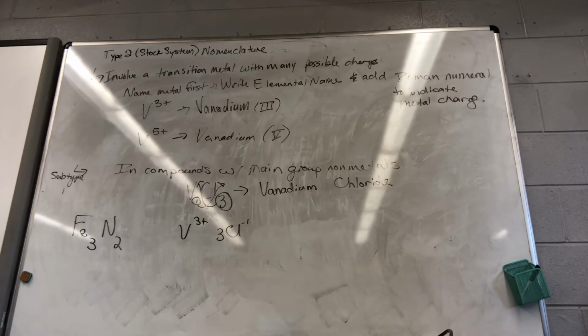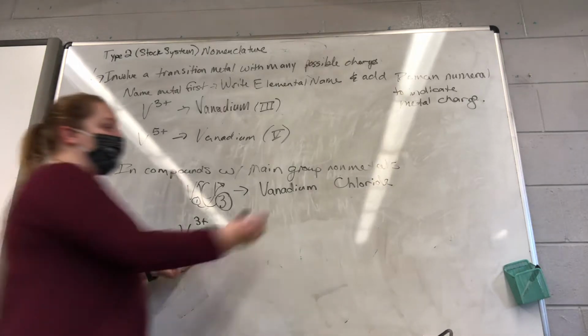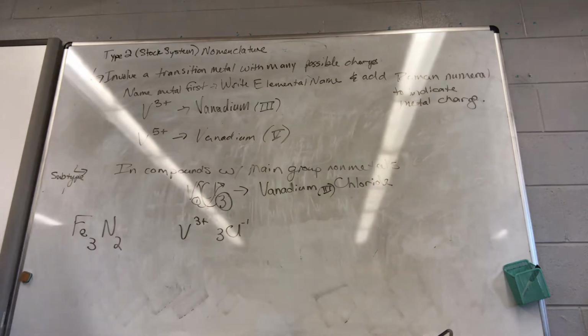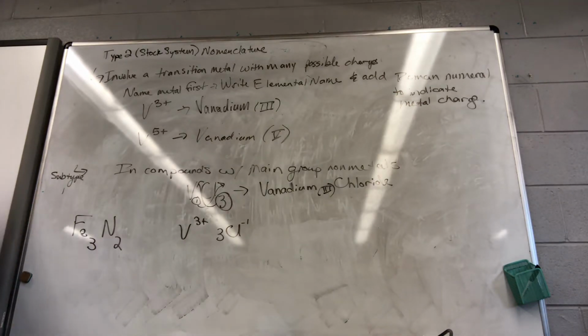Is Fe a transition metal? Yeah. Absolutely. So that means we have to use a Roman numeral, right? And in order to use a Roman numeral to describe what the name of this is, we need to know its charge. In this particular case, we determined that vanadium was a 3. So we're going to add that to our name always. In this particular case, we're going to do the opposite that we just did, right?